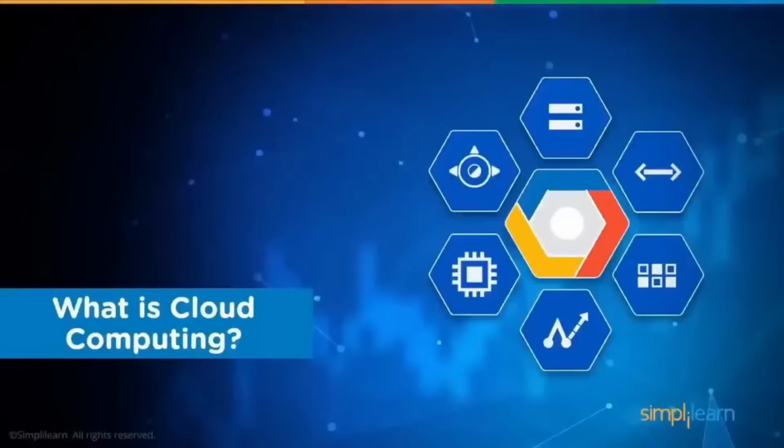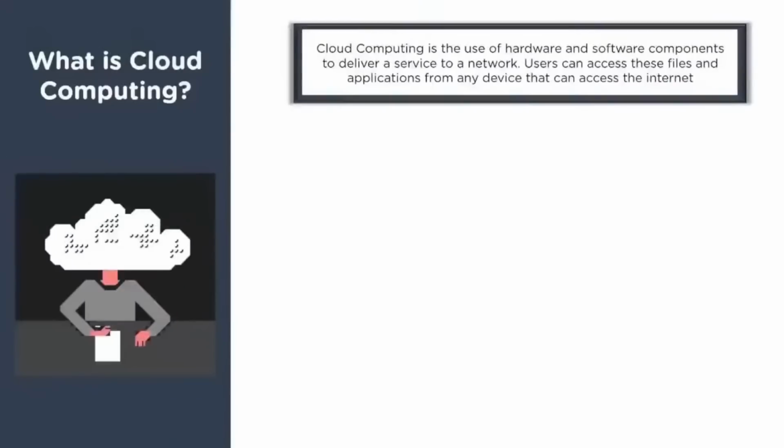So when we talk about Google Cloud Platform, we also need to know what is cloud computing. So cloud computing is the use of hardware and software components to deliver a service to a network. Users can access these files and applications and services provided by a cloud provider from any device that has access to internet.